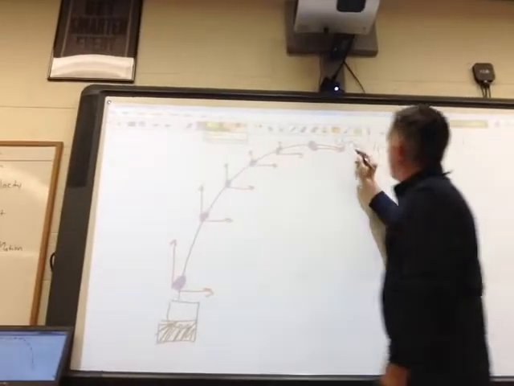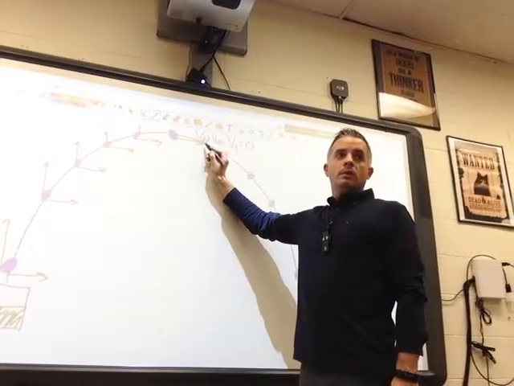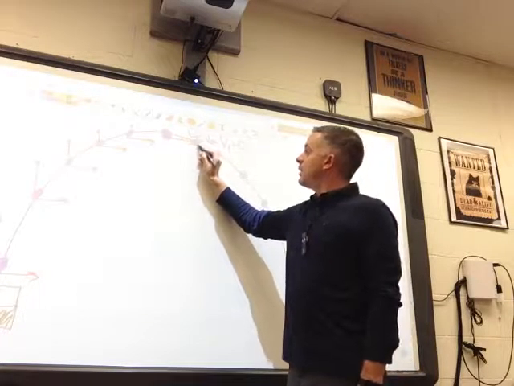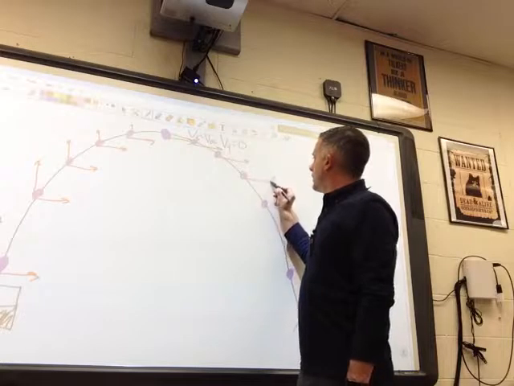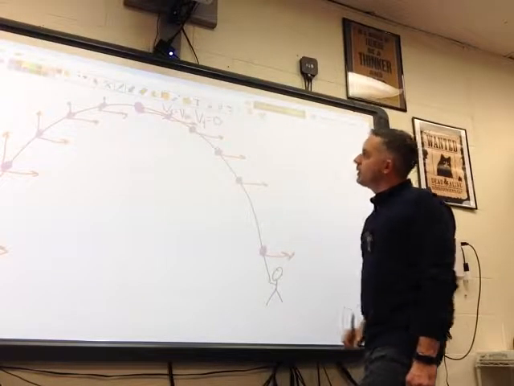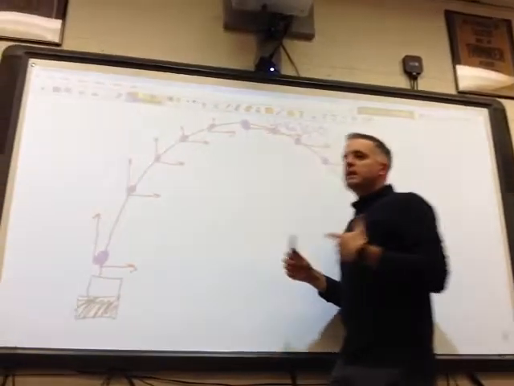So let's look again. I'm sorry, horizontal velocities should be what? The same, right? So let's try and draw them exactly the same. Same, the same, the same. Okay? Vertically, how should they look?